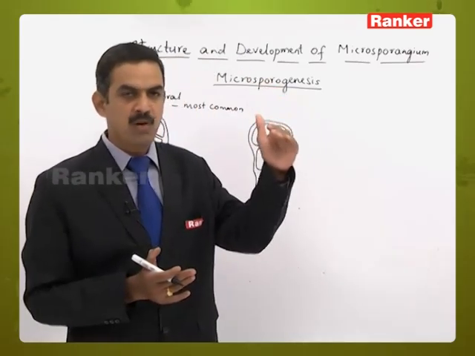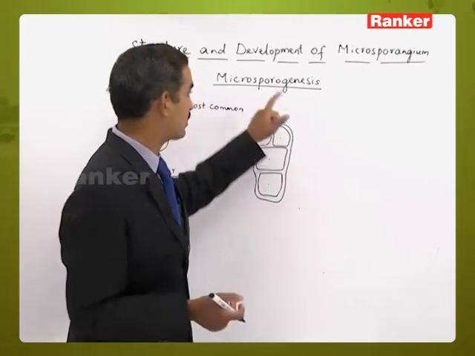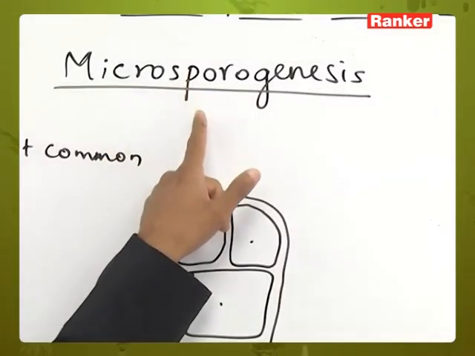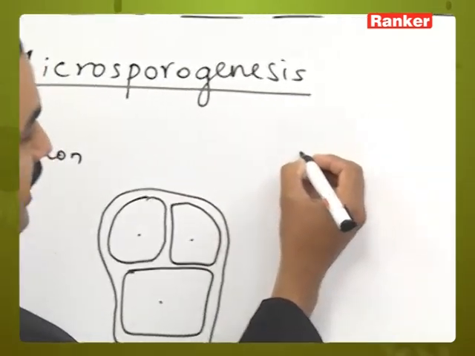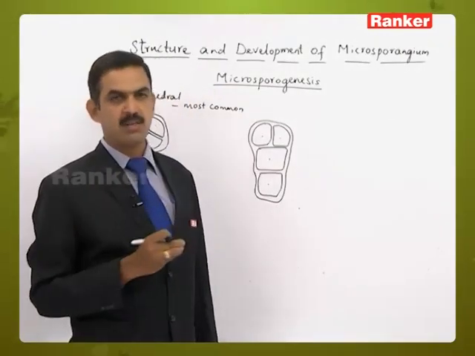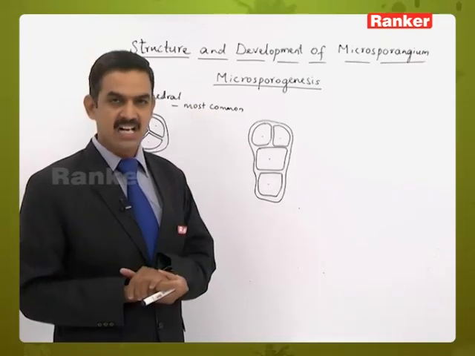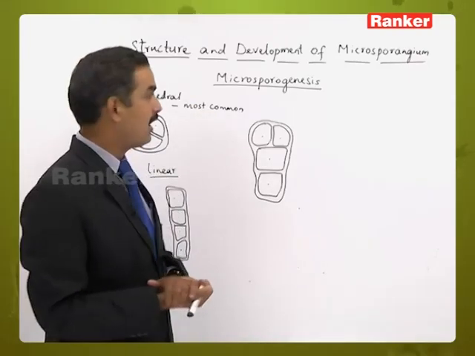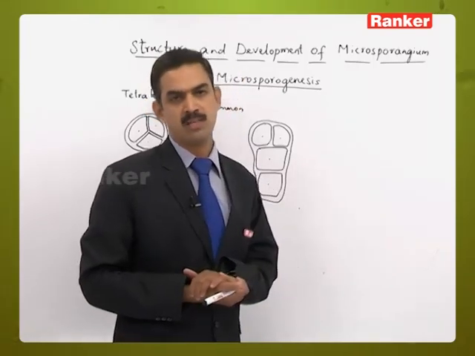So this entire process from microspore mother cell to the formation of microspores is called microsporogenesis. And generally the number of spores which are formed will be 4, but exceptions are there. But of course here the most common pattern we are going to discuss is the tetrad form or tetrahedral form, where 4 microspores are formed from each microspore mother cell.